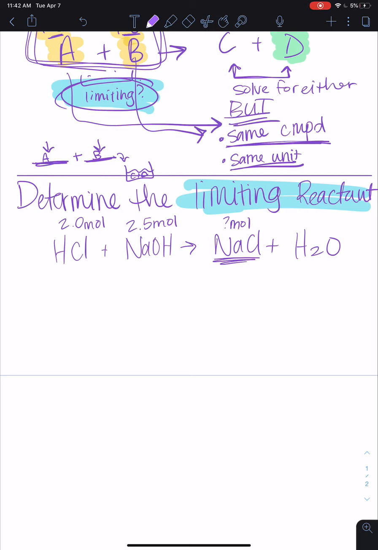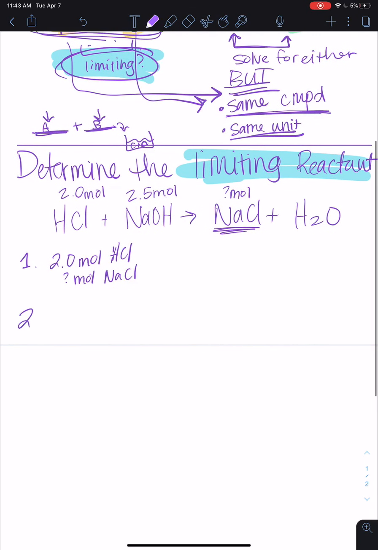So my first step is to take 2.0 moles of hydrochloric acid. That's my given, and I want to know how many moles of NaCl I have. I have to do the same thing, but my given is now 2.5 moles of sodium hydroxide, and I want to know how many moles of sodium chloride I have.